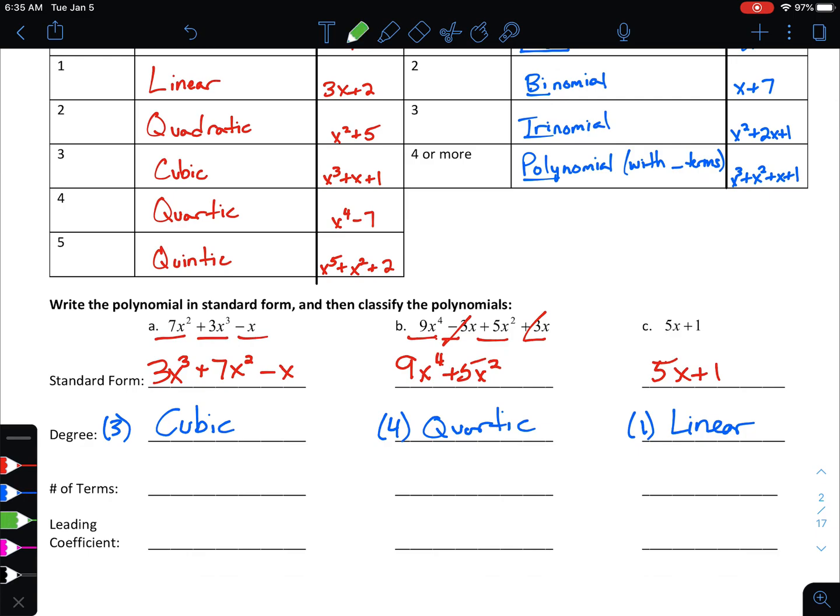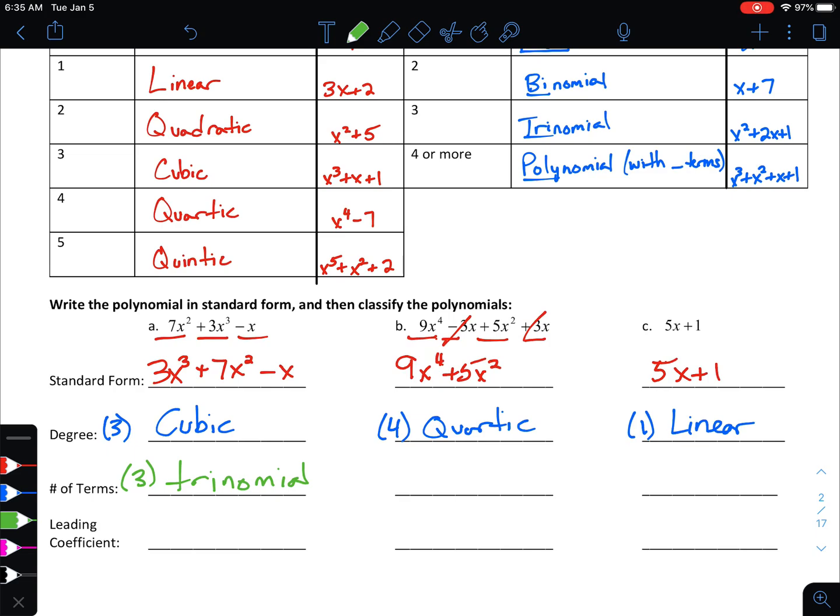All right, let's next name each of these by their number of terms. So for our number of terms on example A, we've got 3 different terms that we are looking at. So that would be an example of a trinomial. So the entire name, the full classification for example A, would be a cubic trinomial.